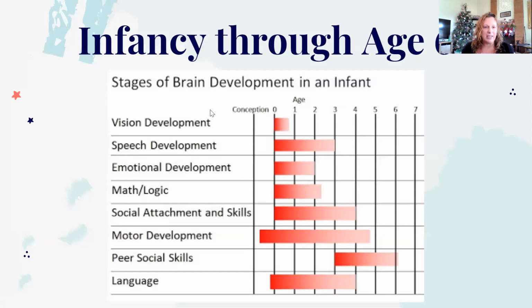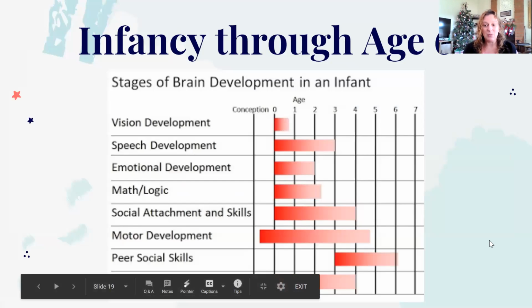This chart on this slide shows infancy through age 6, and it breaks up different types of developmental domains, showing when that development actually starts. You can see that brain development starts while they're still in the womb with motor development.